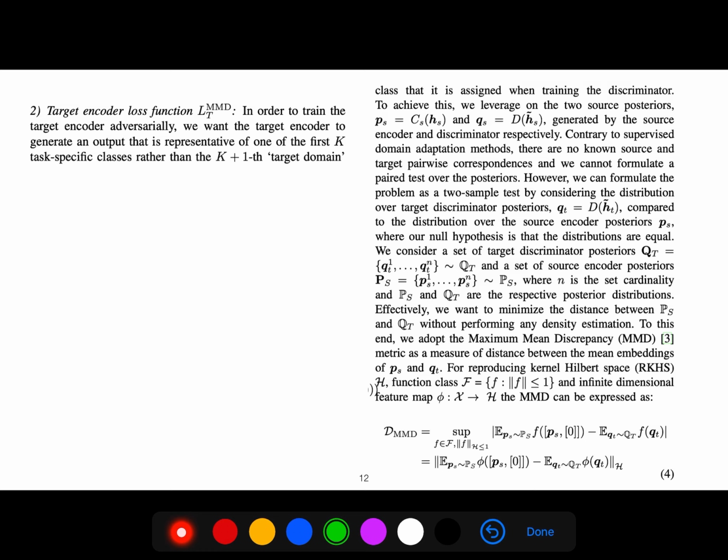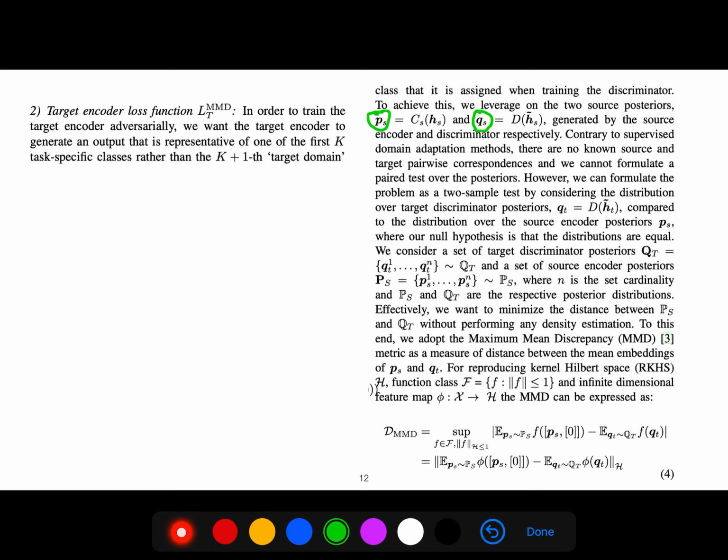So to achieve it, we leverage the two source posteriors. So these are the two source posteriors generated by the source encoder and discriminator respectively.